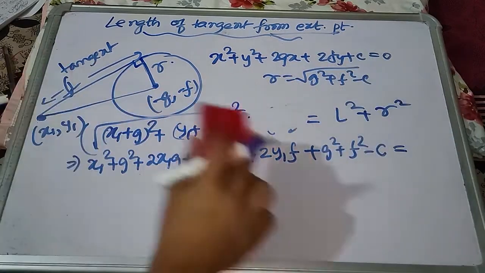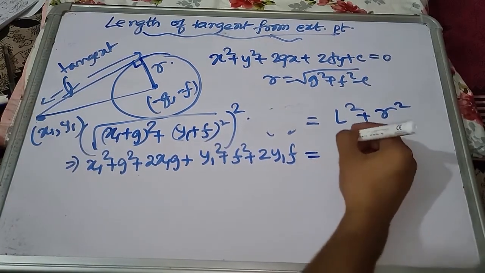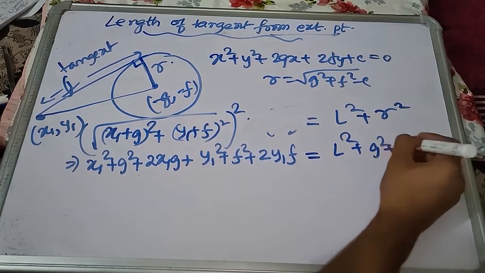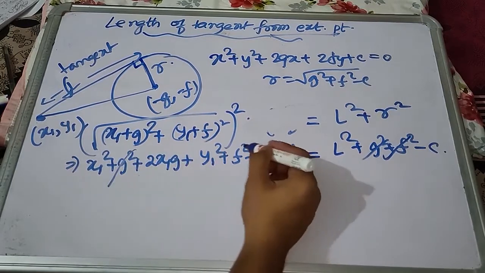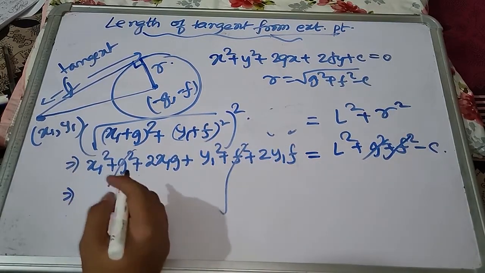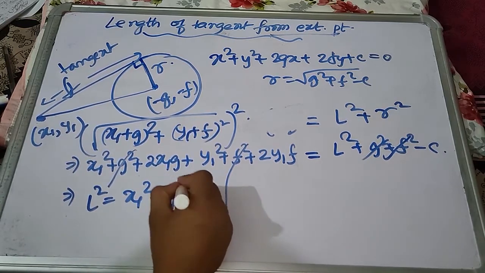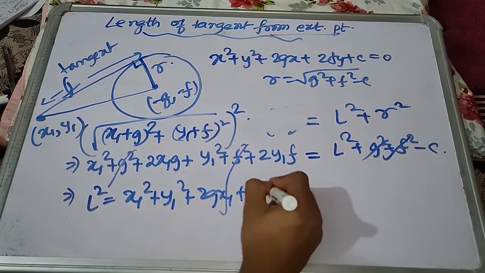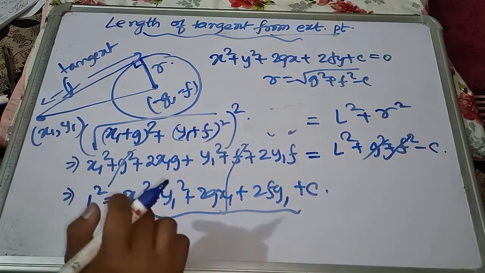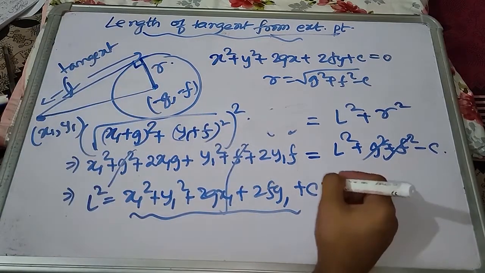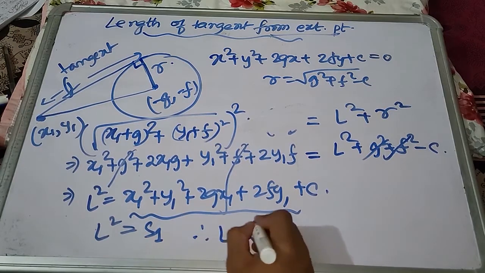Okay, g square and f square will be cancelled. So what does this transform to? L square equals x1 square plus y1 square plus 2gx1 plus 2fy1 plus c. What is this? This is x1, y1 put into the equation of circle, so we can write it as s1. So L square equals s1, therefore L equals root under s1.